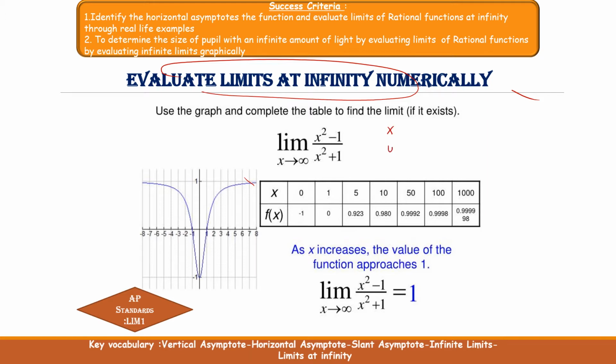First of all, you will write x and y coordinates and always make around 4 or 5 columns. Always start from 10 to the power of 0, then 10 to the power of 1, 10 to the power of 2 and 10 to the power of 3. That's it. Four columns are more than enough.